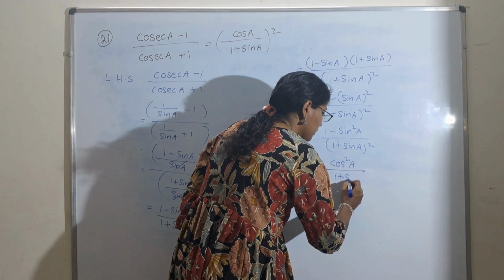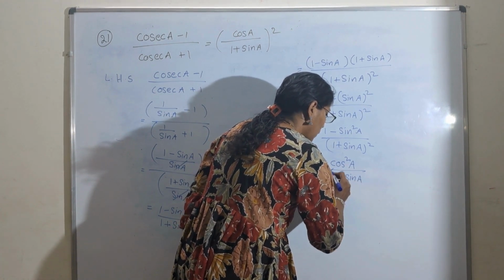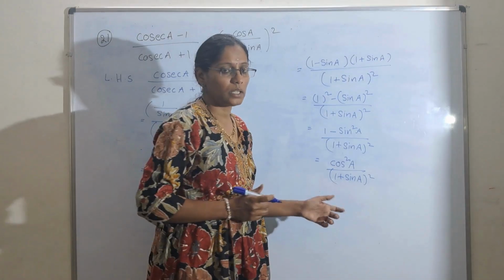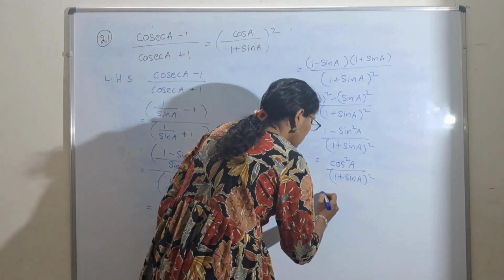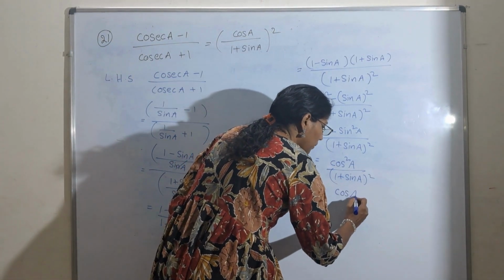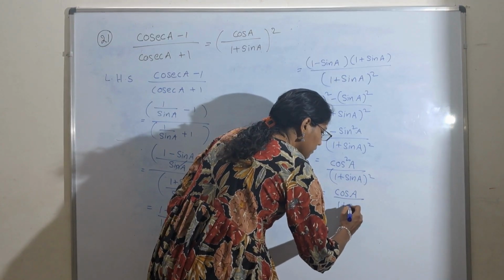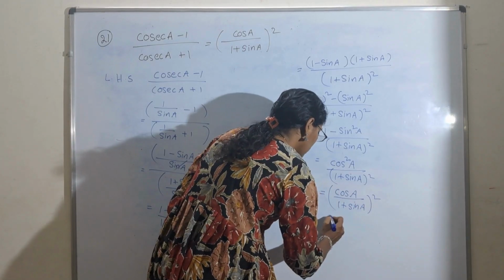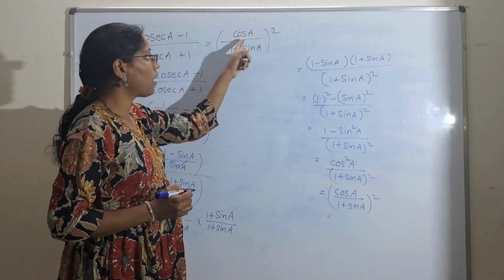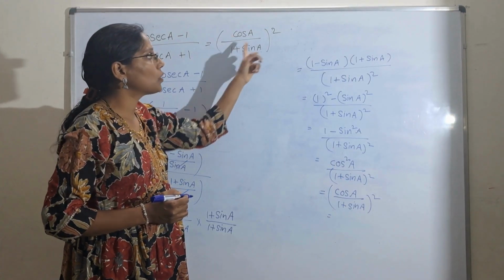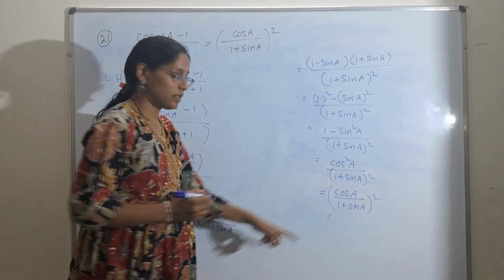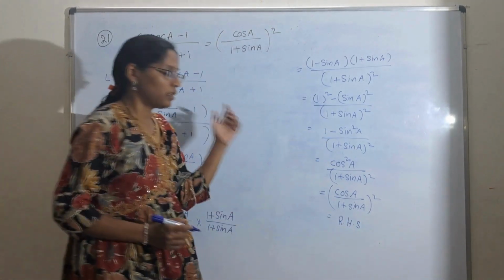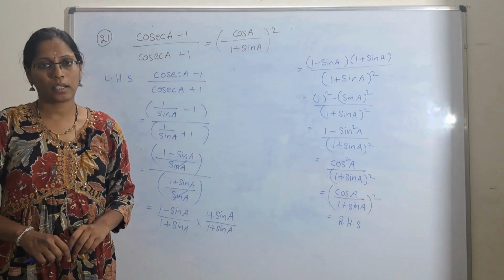By 1 plus sin A whole square. Numerator and denominator both have squares, so single square we should write. Cos A by 1 plus sin A whole square. Should observe RHS, cos A by 1 plus sin A whole square. We got same answer, RHS. Therefore, LHS equal to RHS.